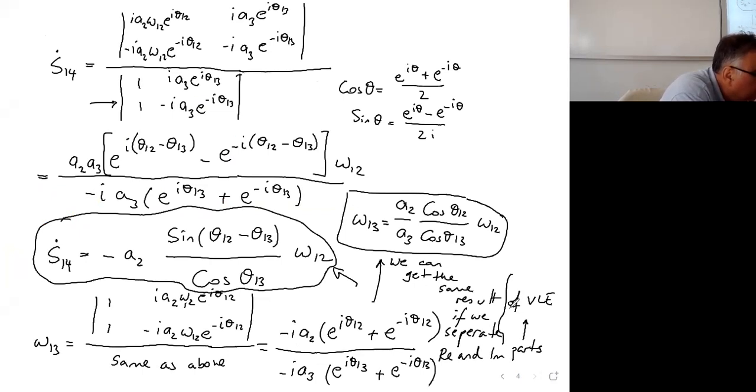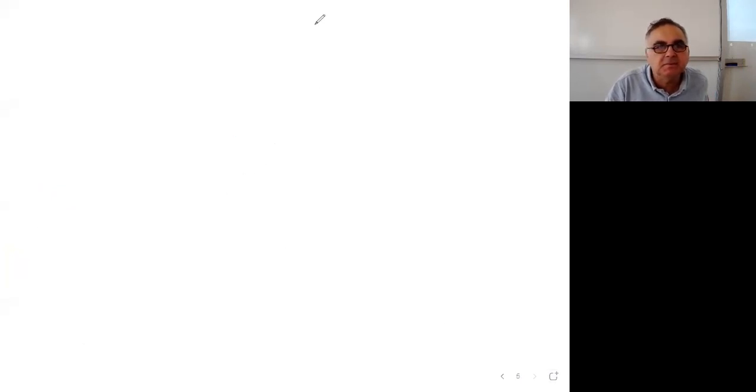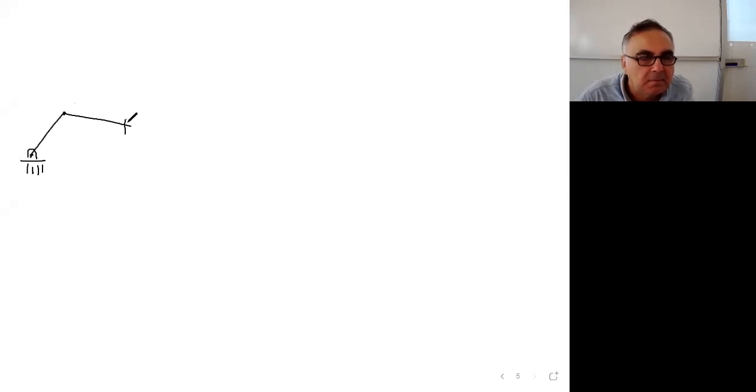There is one more thing in the velocity analysis. Let me very briefly draw the slider crank again. Let me use my pen. You might want to find the velocity of a certain point.